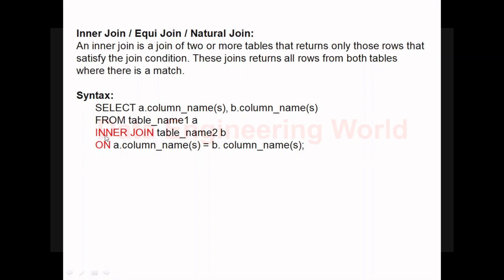Then we need to use a keyword called inner join, and then we need to specify the second table name which we are using as part of that join operation.